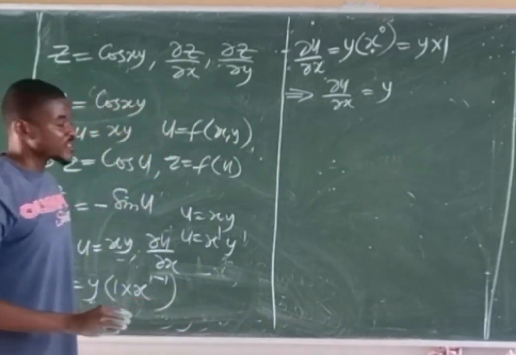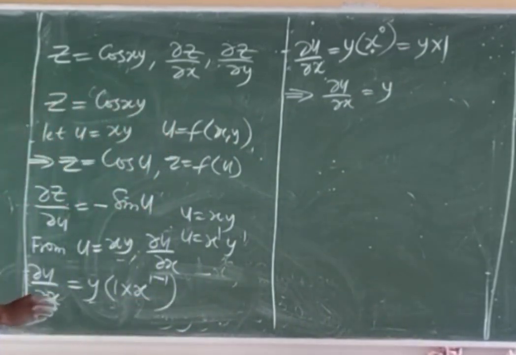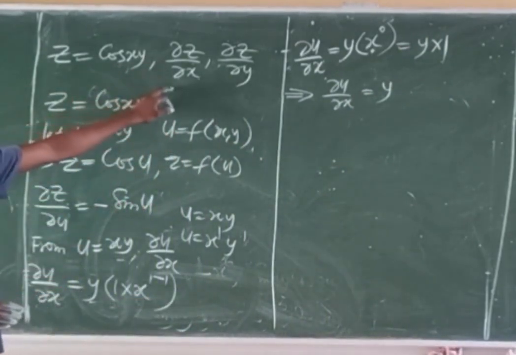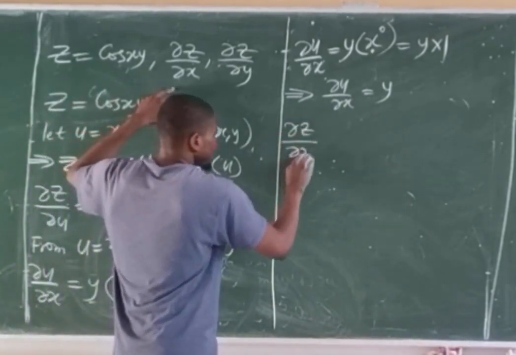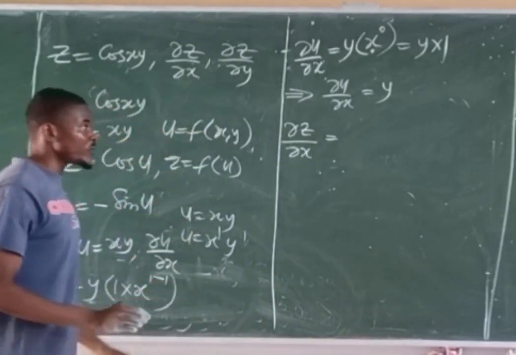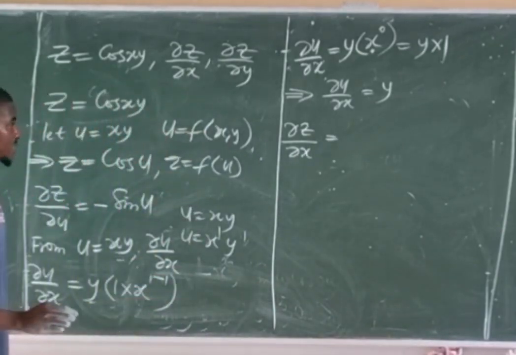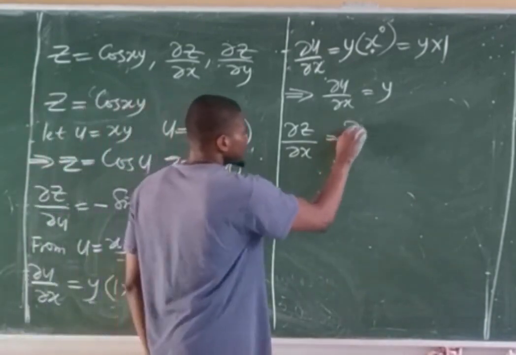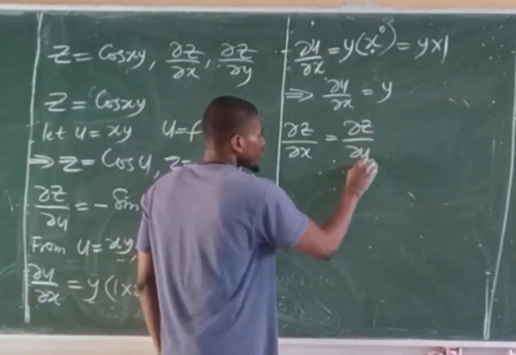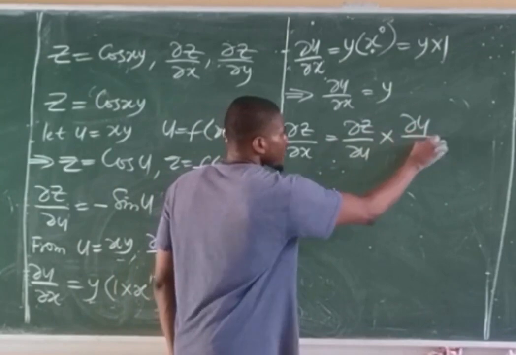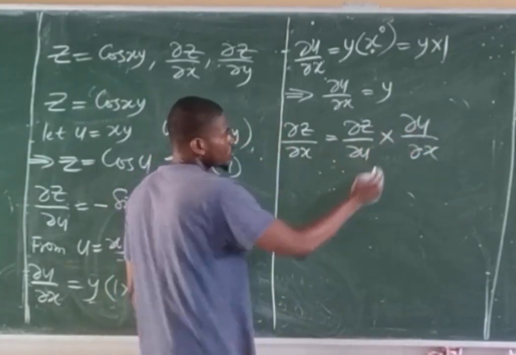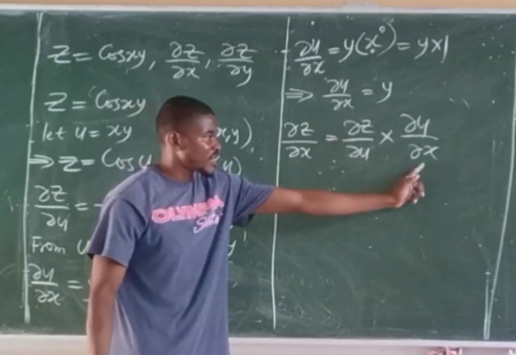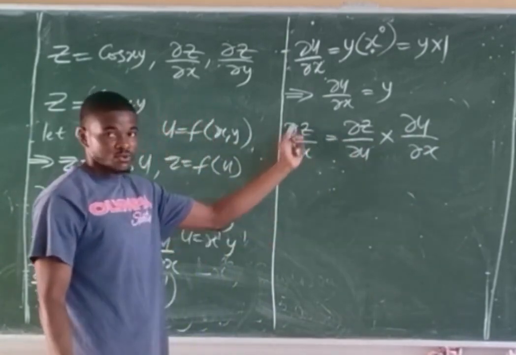But this is not what the question says. The question says you should find the partial derivative of z with respect to x. So partial z, partial x can be gotten from the chain rule of partial derivatives. That chain rule is simply partial z, partial u times partial u, partial x. Notice that partial u cancels, and we are left with partial z over partial x, which is what the question is asking us to find.